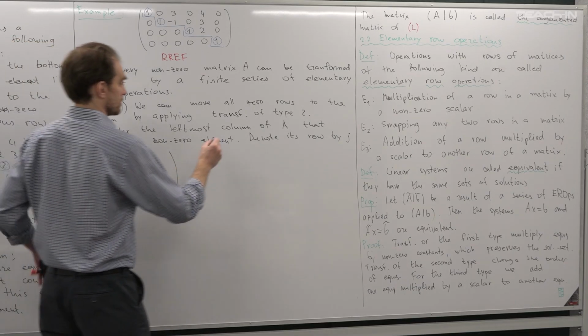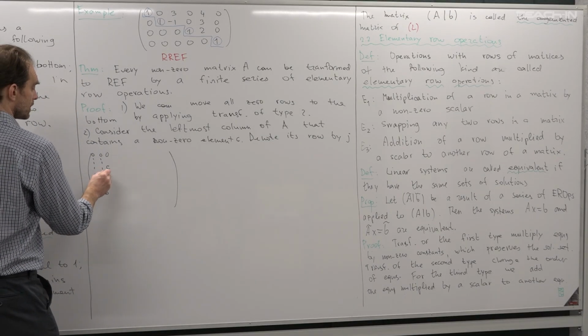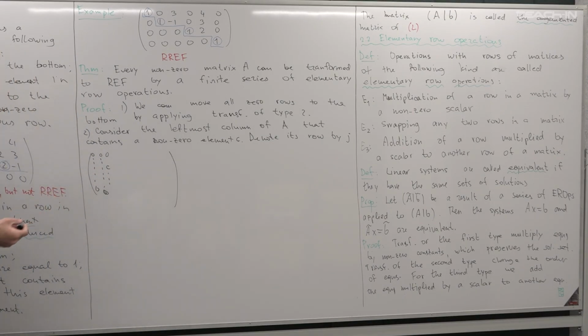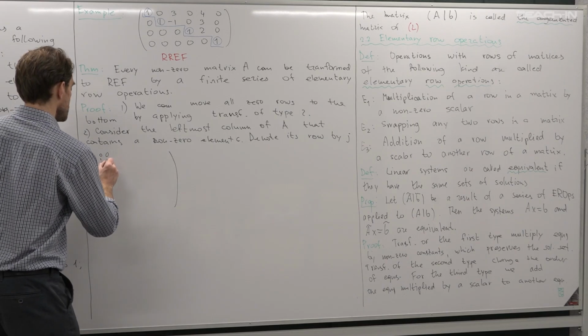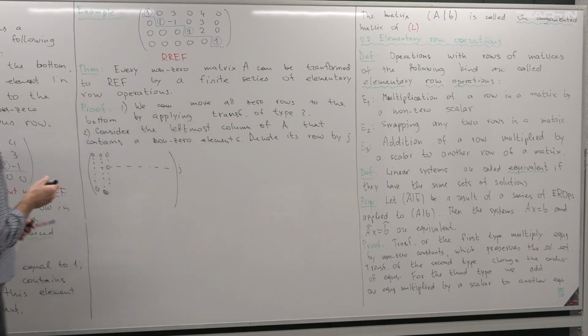And we have something else here. This element C is in the jth row of our matrix. So what can we do?